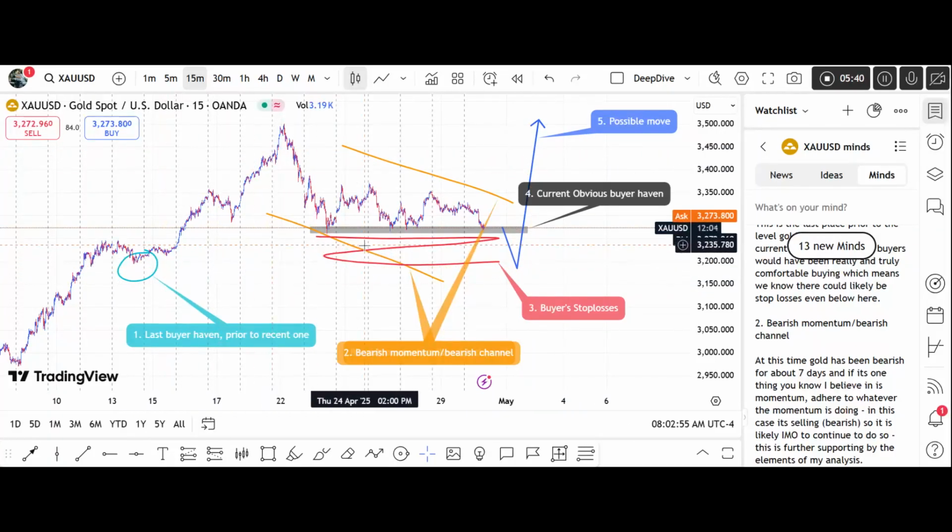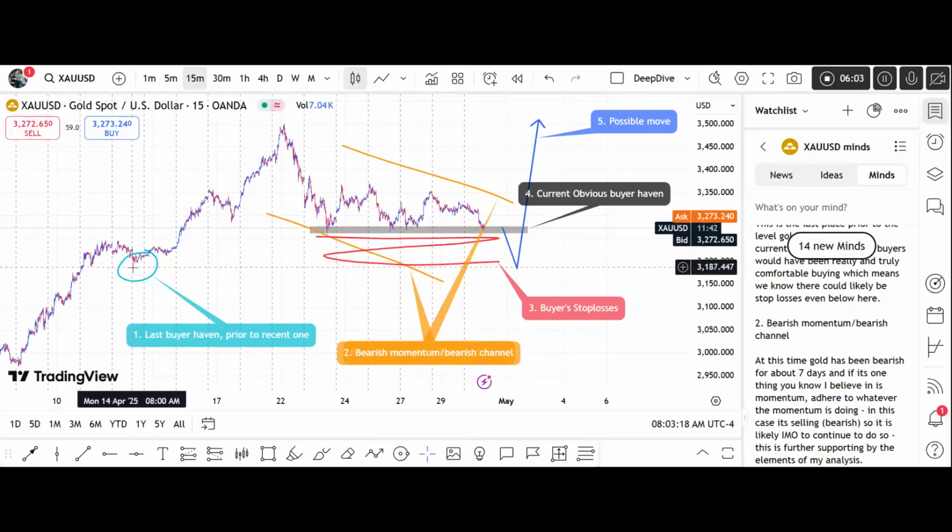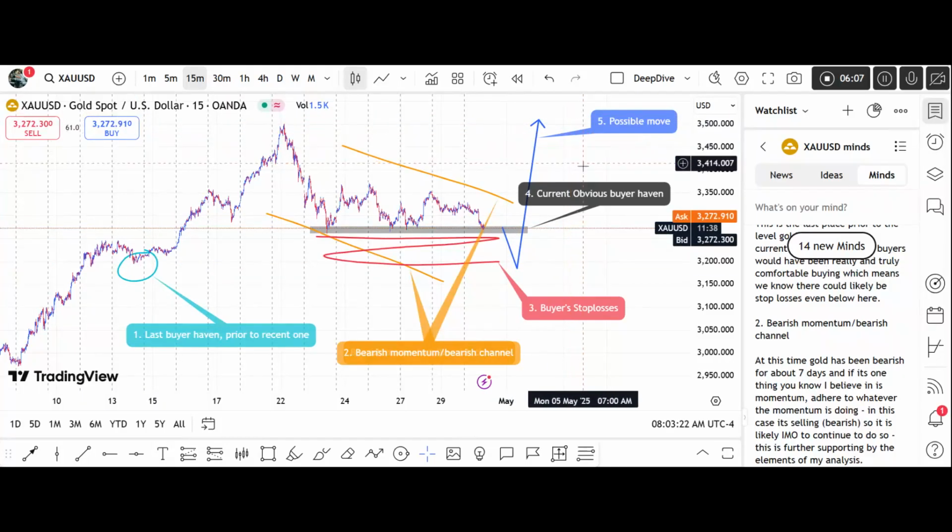We know that it needs those stop losses to be taken out in order to get the liquidity or the energy that it needs to continue to buy. So this is the only thing that makes sense to me, where the market will go down, get rid of the buyer stop losses from the obvious buyer haven and the previous or the last buyer haven, and then move up. That's the only thing that makes sense to me.